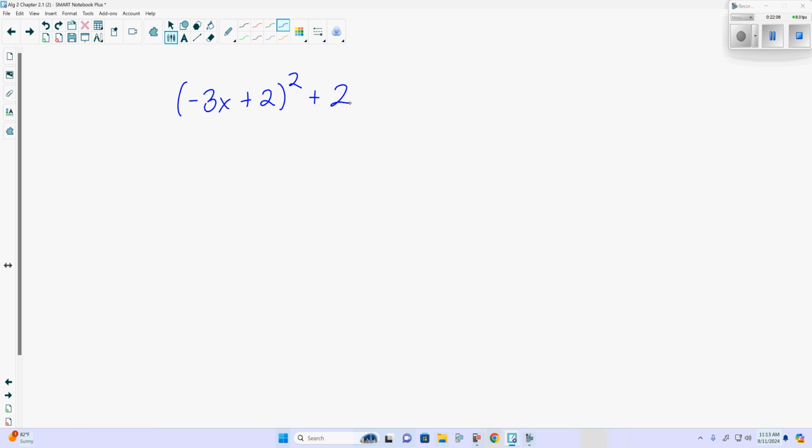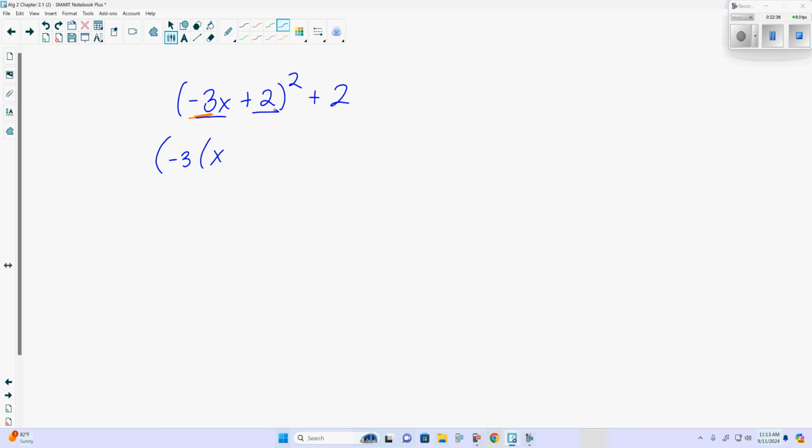And if you remember when we graphed some of these with the horizontal stretch or shrink, I think it was last week, the graph moved over as well. It wasn't just lined up like some of them. And part of that, and this is above and beyond, is dealing with the fact that we have a negative 3 there. To really look at the transformation and describe it, we have to factor a negative 3 out of both terms to really see the left-right movement.